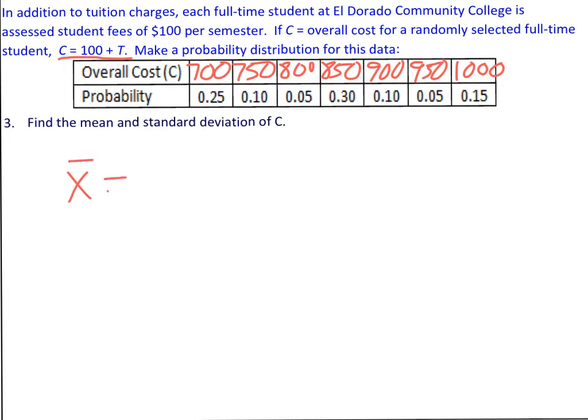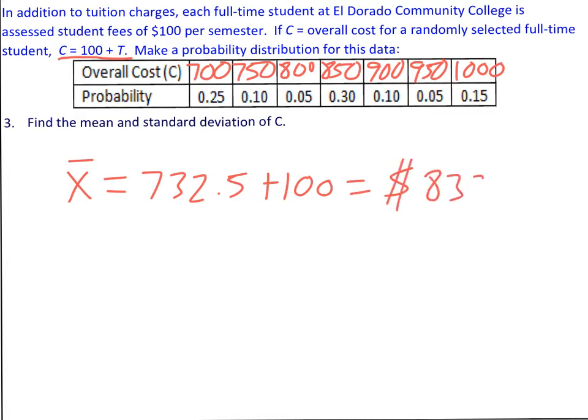Here's what happens. We had our previous mean of 732.5. We added 100. So for this new distribution of total cost, that would go up 100. Sigma is the interesting one.